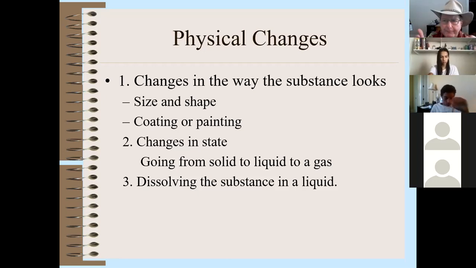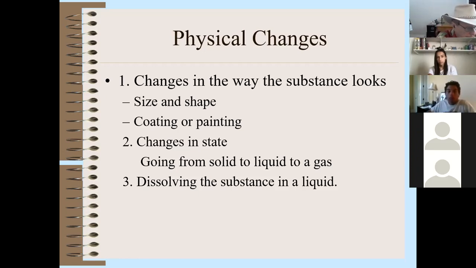I heat it up. The iodine makes this nice purple cloud. And then if I have a dish over top of it with ice in it, that iodine will crystallize back. It's not changing.